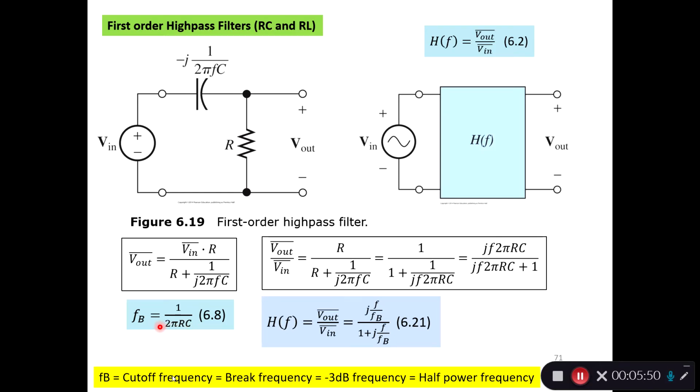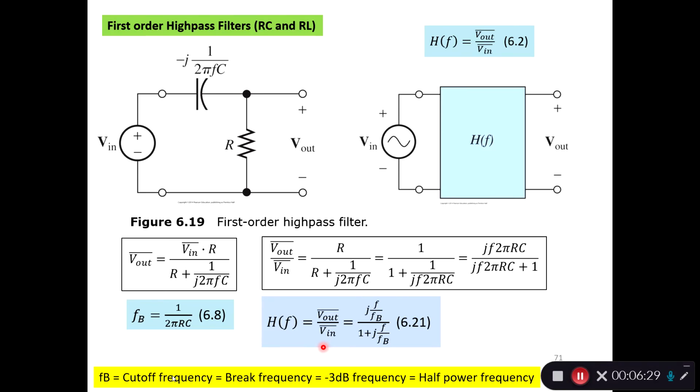As you can see, the break frequency is 1 over 2π R C, and we can see 2π R C up here, and we have 2π R C here. So putting that in as the break frequency, we get j f over f_b, the break frequency, into this equation. f is just moving up, and then we replace with f_b, the 2π R C. So this is our transfer function for the high-pass filter.